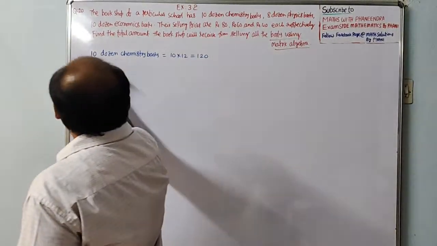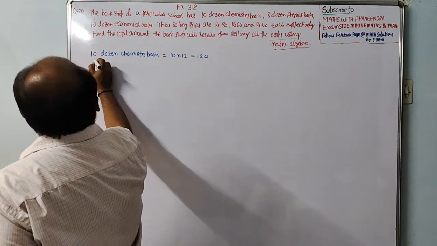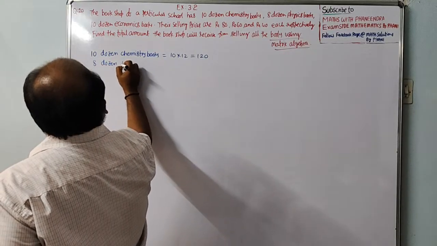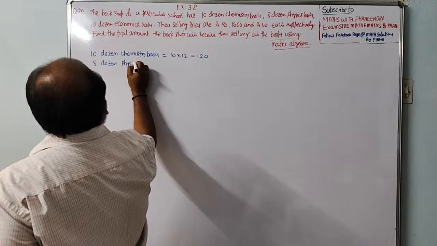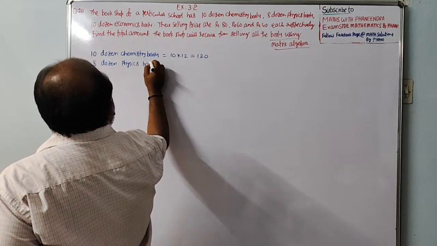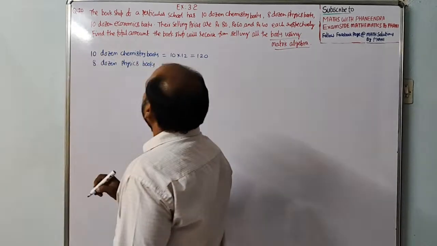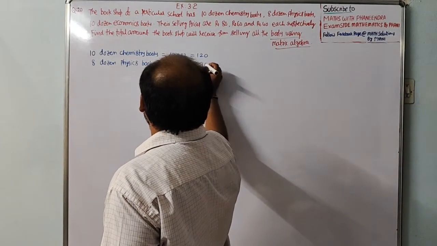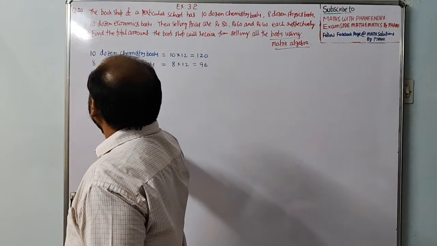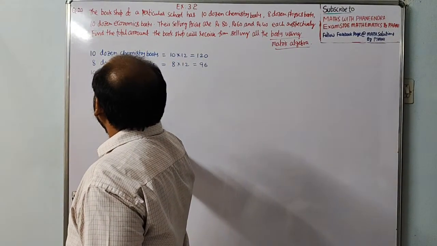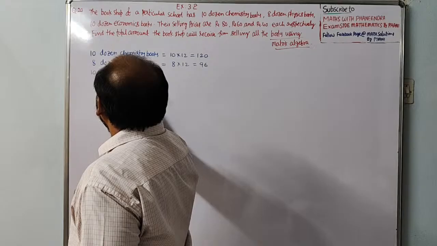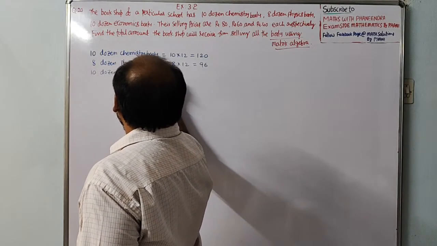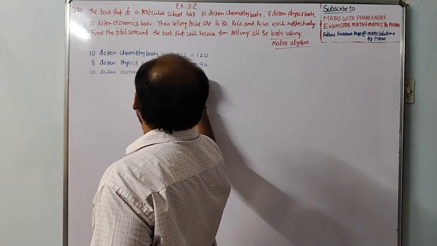Next, 8 dozen physics books. So 8 into 12, 96. Next, 10 dozen economics books are there, which is equal to 10 into 12, 120 books.